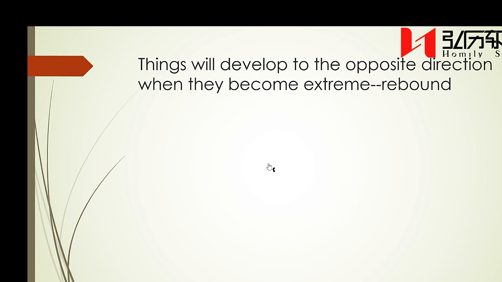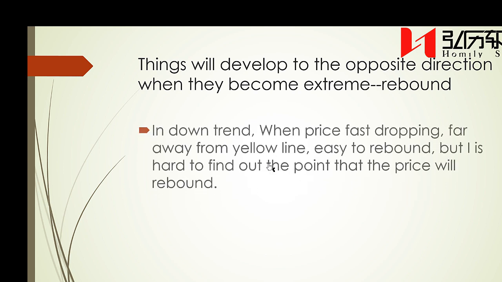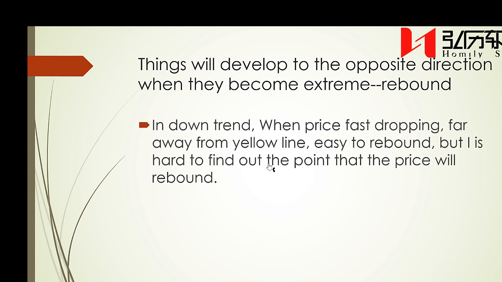Things will develop in the opposite direction when they become extreme. This is just like I mentioned: when the price is far away from the lines, from the green line or white line, yellow line, mostly the price will tend to go back to the lines. So here mostly we will see the price rebound or correct. In the downtrend it is the rebound.